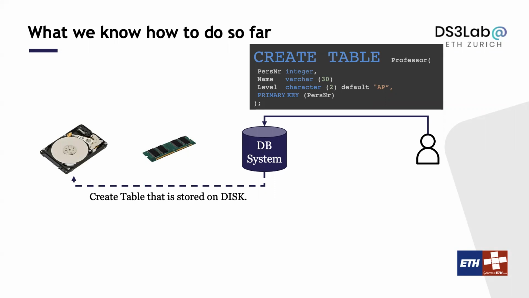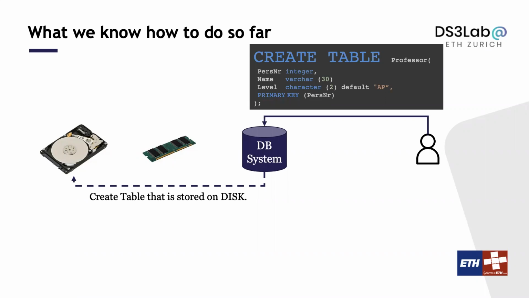Then you can put data into your relation. You can insert the information tuple by tuple, or you can have a very large CSV file that you put all together into your table.